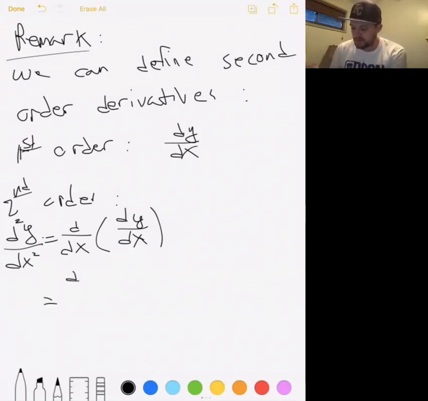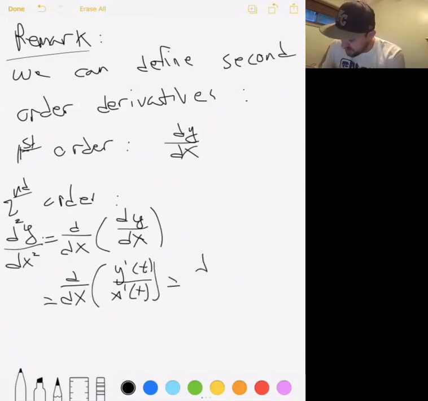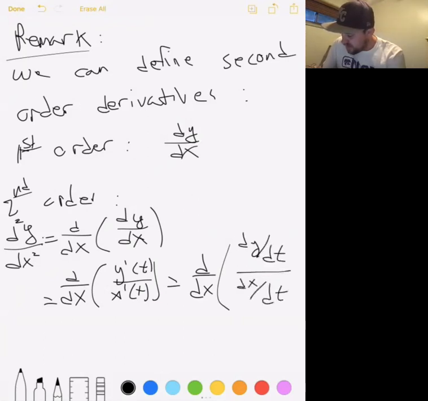But what is the derivative? We're looking at the derivative in parametric equations. So this is y prime of t over x prime of t, which may be a little more clear to write as d/dx of (dy/dt over dx/dt).